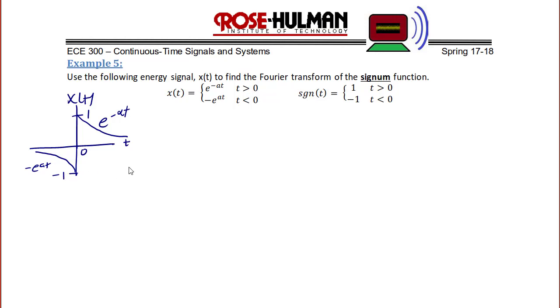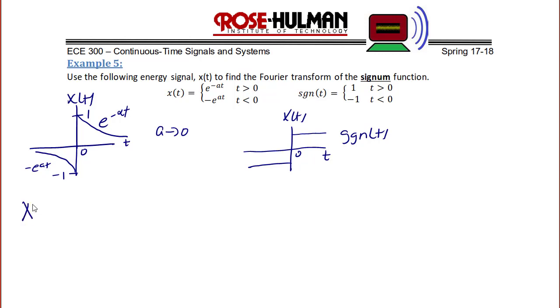So first, what you should see here is that as a goes to 0, x(t) will take on the shape of a signum. So if we can find X(jω) and let a go to 0, then we can find the Fourier transform of the signum.